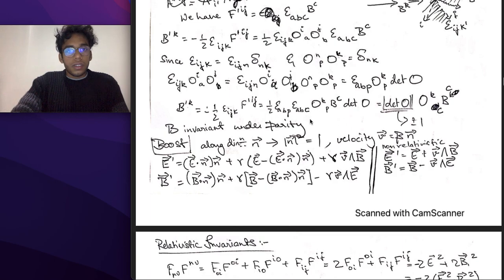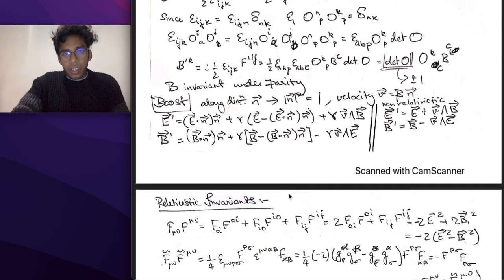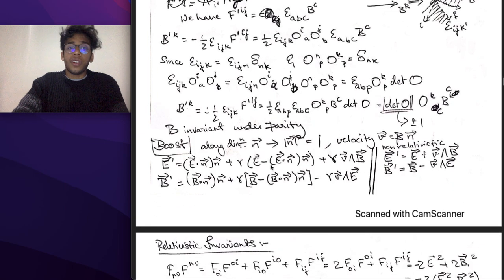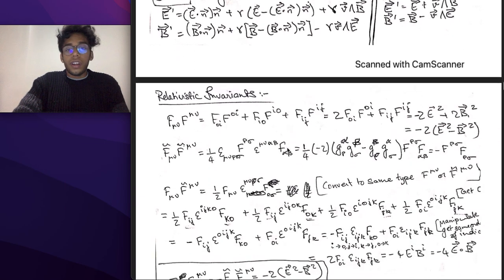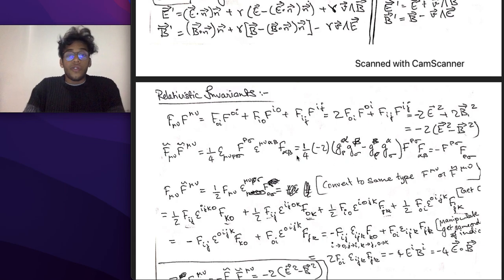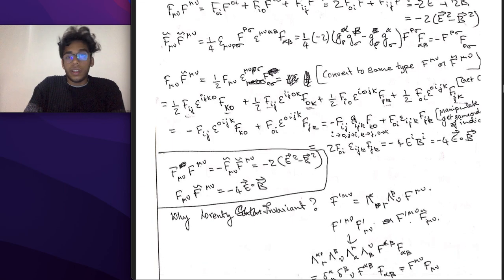But you can see all the transformations here, and then you finally get how your electric and magnetic components transform under orthogonal transformations and also along boosts. And then you have your idea of relativistic invariance, and you find that F_mu_nu F^mu_nu and F_mu_nu F-tilde^mu_nu both represent invariant quantities, and then we calculate them.